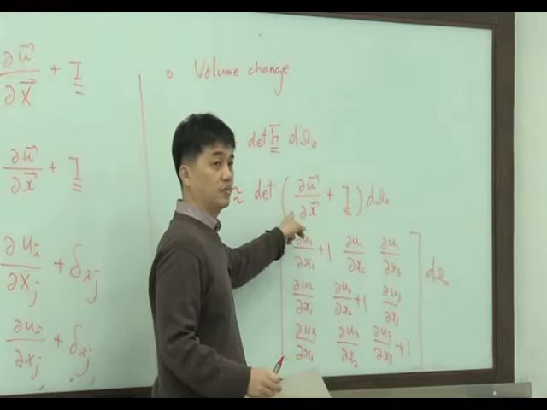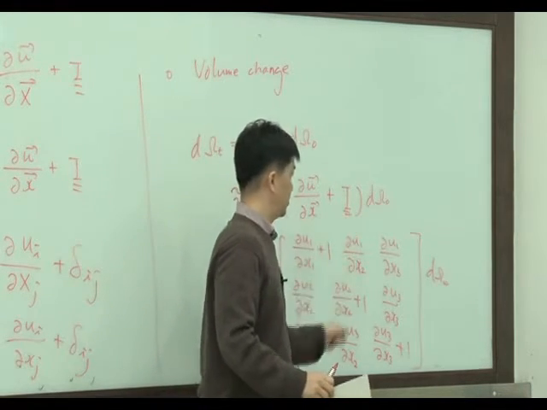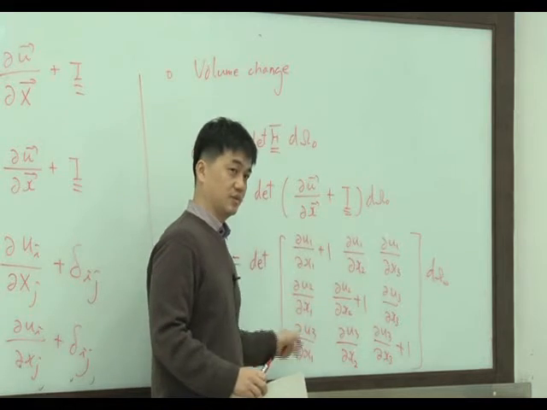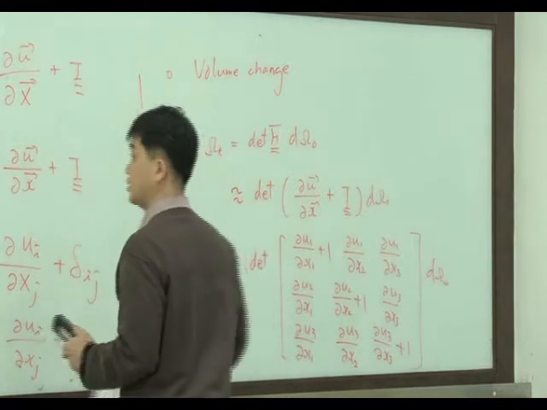In matrix form, this one plus I looks like that. We can calculate the determinant of this matrix.